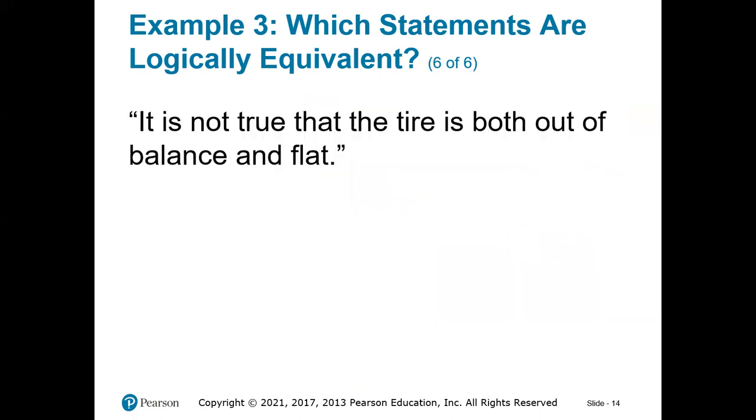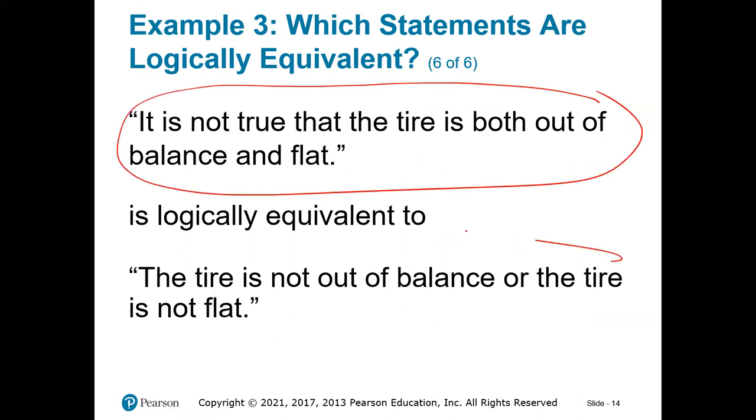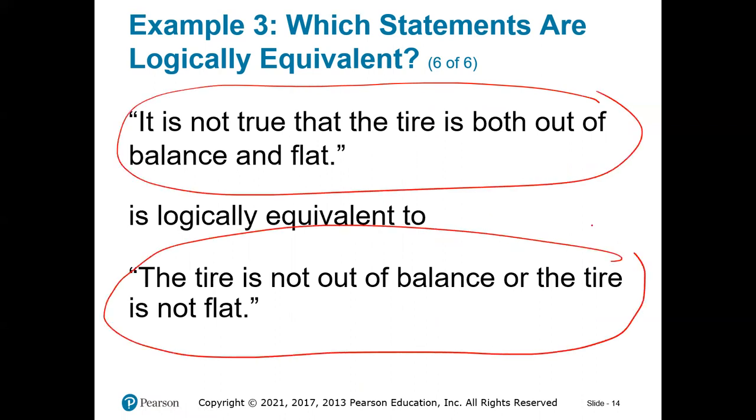So at the end, we can say that it is not true that the tire is both out of balance and flat is logically equivalent to saying the tire is not out of balance or the tire is not flat. Again, this is the same thing as saying this, believe it or not.